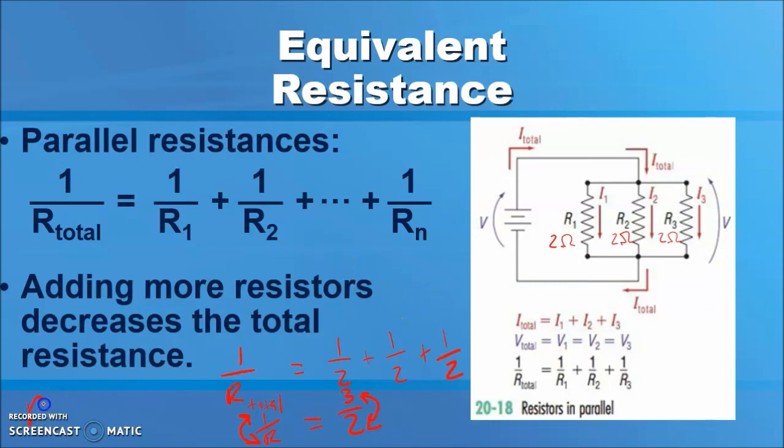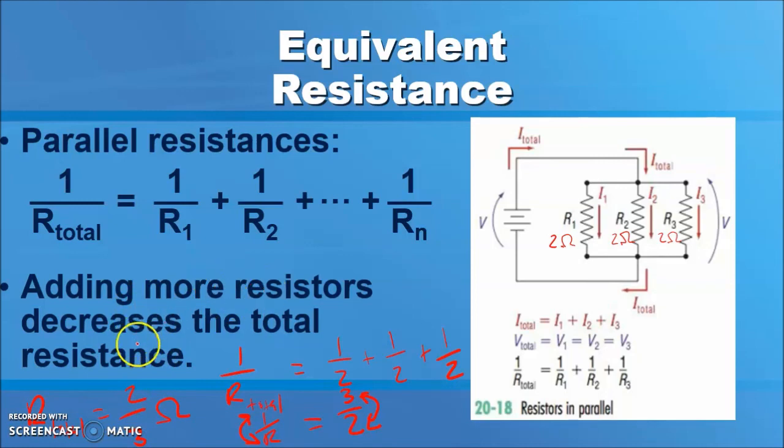So that means the total resistance is just going to be 2 over 3 ohms. All I had to do is flip them around. Once I add the fractions, I can just flip them around and I would get the total resistance.